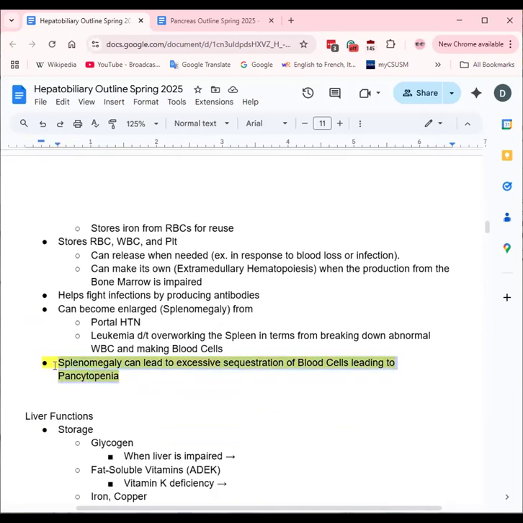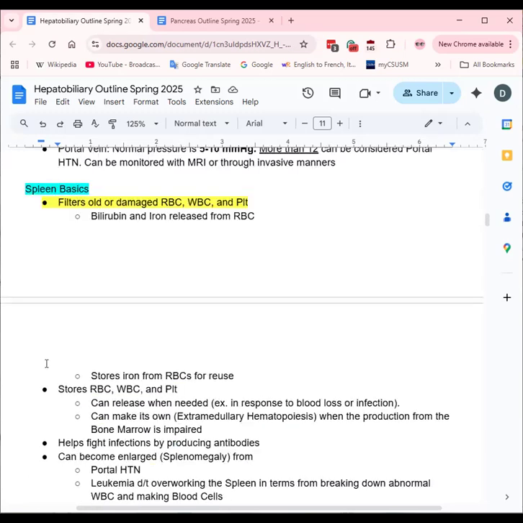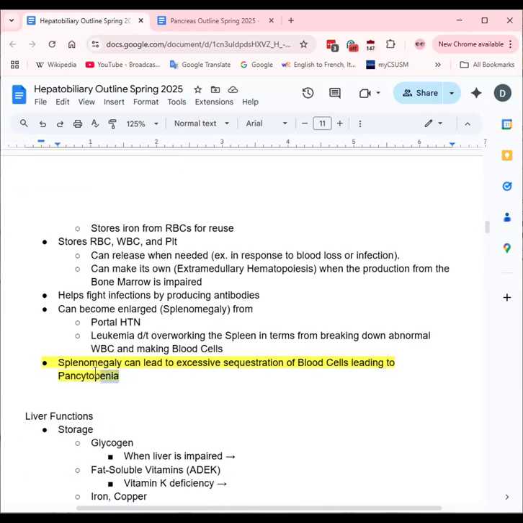But the main thing that I want you guys to remember is this is how the spleen functions. This is what it can lead to. And portal hypertension alongside leukemia, like we learned last week, are ways that the spleen can become enlarged. Just two of the ways it can become enlarged.